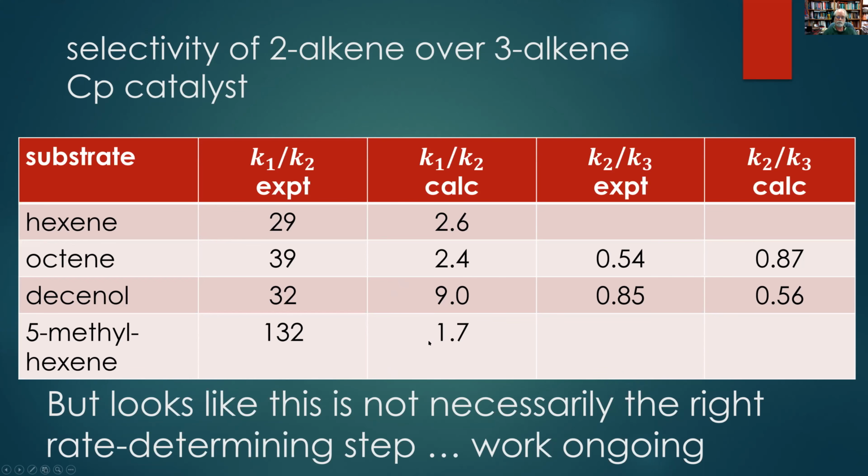And preliminary results are that, in fact, that's going to help explain why, in particular, the 5-methylhexene has such a good ratio here in comparison to these other molecules. So we think that the numbers will get better, but it's already, with a lower level of theory and with the rate determining step that was important in the butene substrate, getting good qualitative agreement with the experiment.